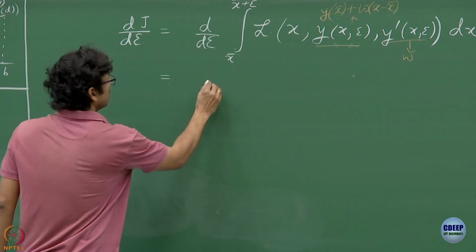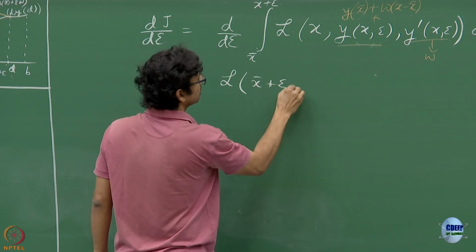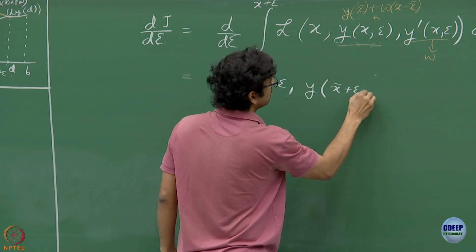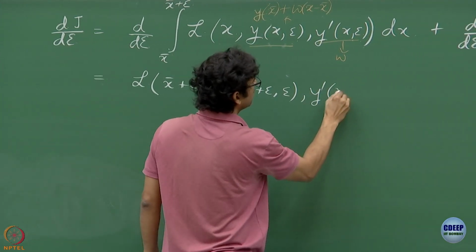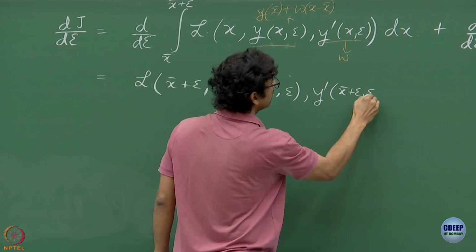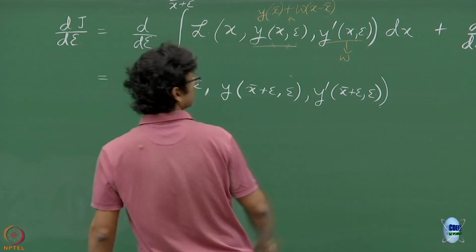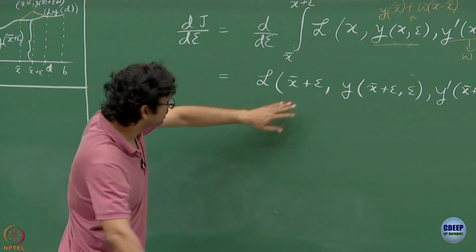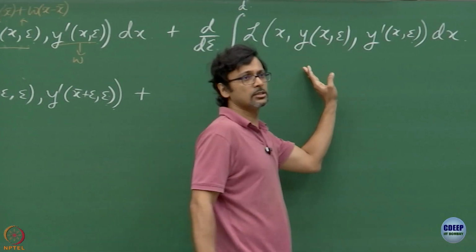Yes. So we have L of x bar plus epsilon, y evaluated at x bar plus epsilon comma epsilon, and y prime evaluated at x bar plus epsilon comma epsilon, right? Plus, so we'll collect together this term and hereafter only consider or bother ourselves with only this term, the evaluation of this term.